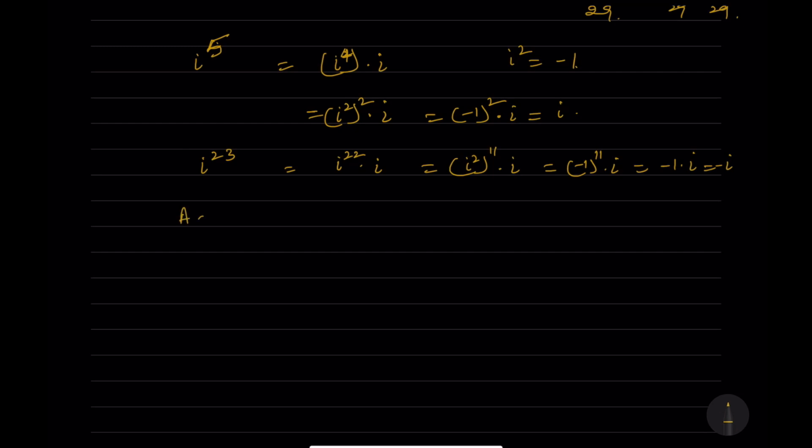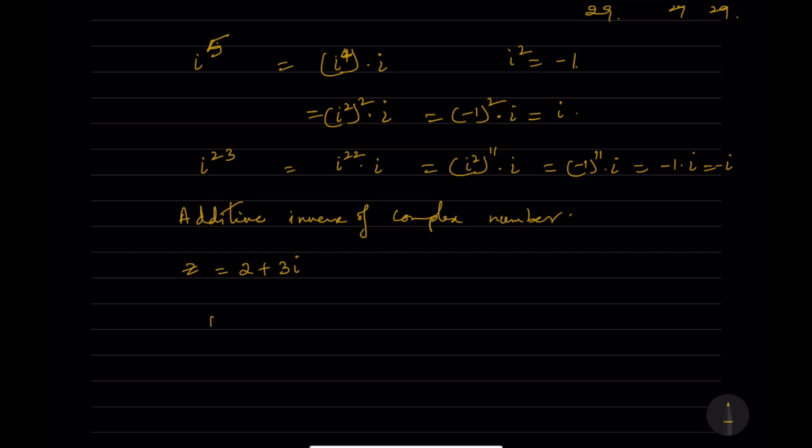Now we'll see what is the additive inverse of a complex number. Suppose we take it as 2 plus 3i, and call it z. The additive identity is 0, isn't it?